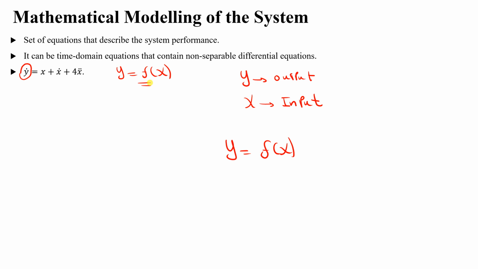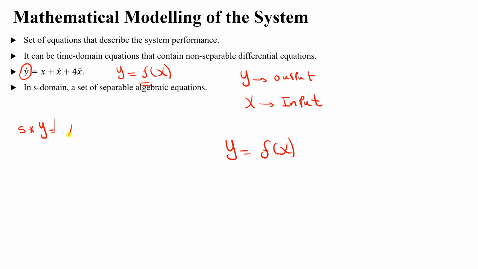That's why in the mathematical modeling of systems, we use the S domain. The S domain will make these equations separable, algebraic equations. Now you will say how. You will see that y dot in the S domain is equal to S multiplied by y, since S represents a derivative.